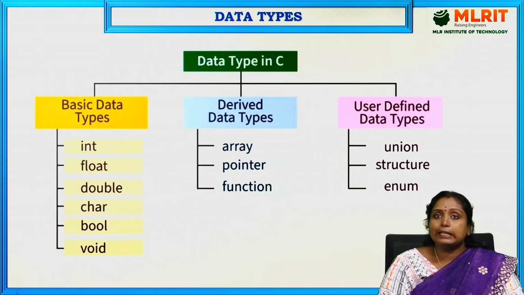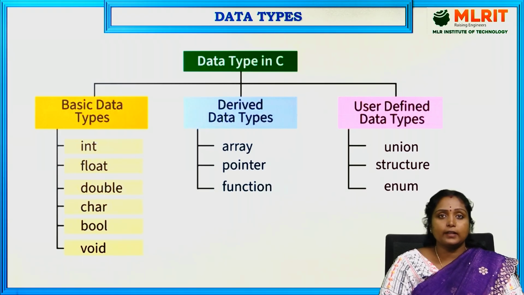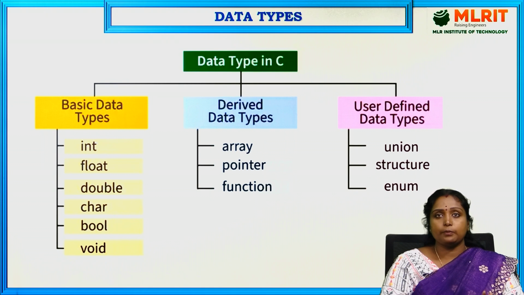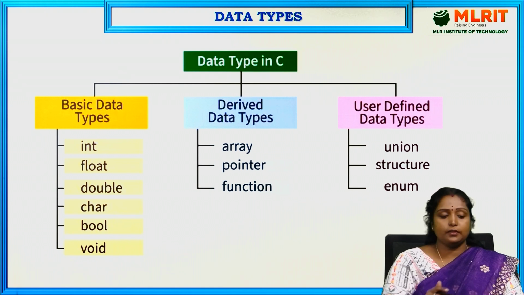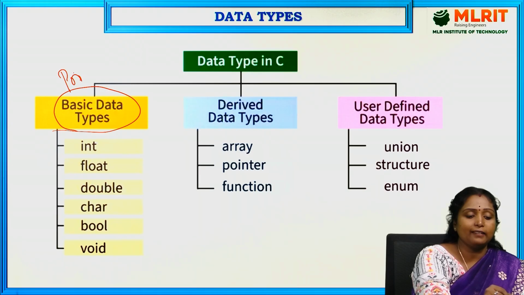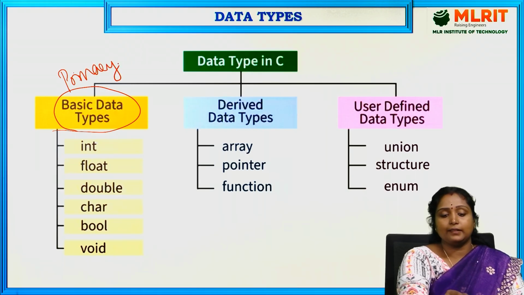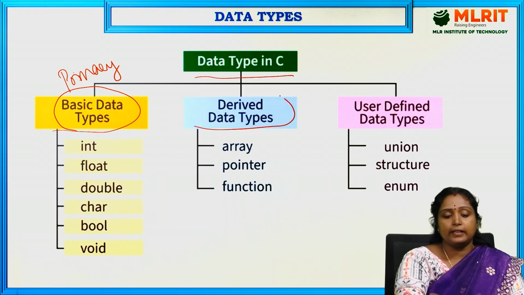I already said C language has rich built-in data types. The data types are divided into three types. The first one is basic data types, or you can call them primary data types. The next are derived data types.